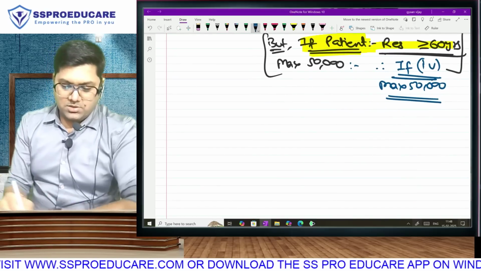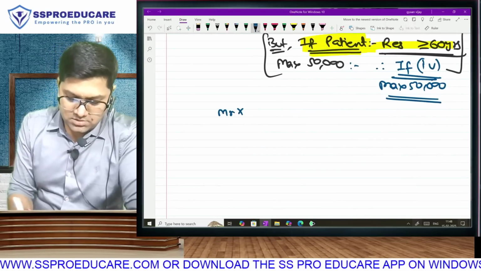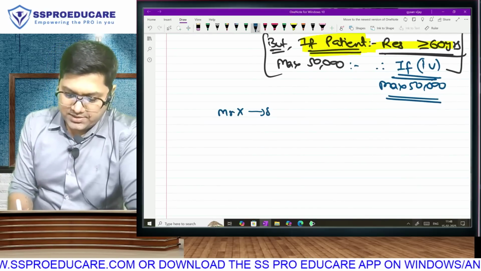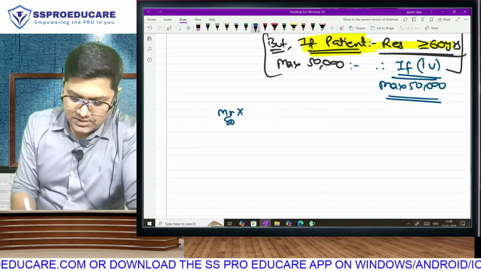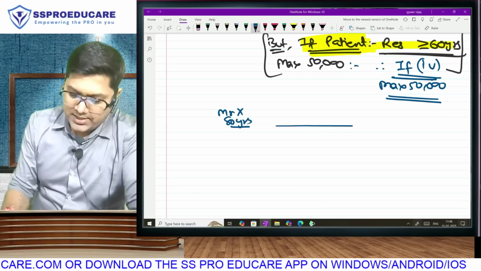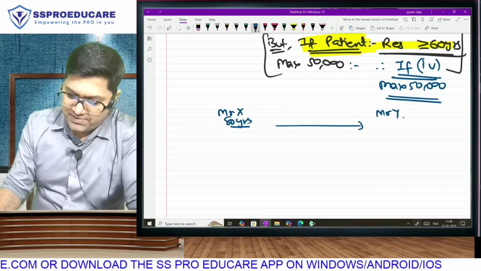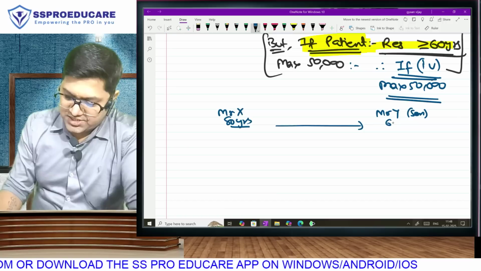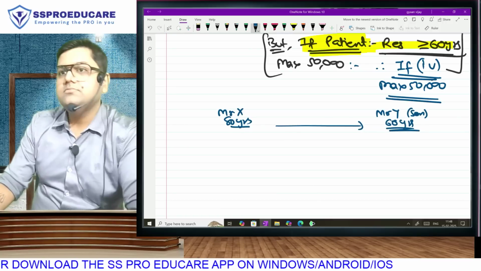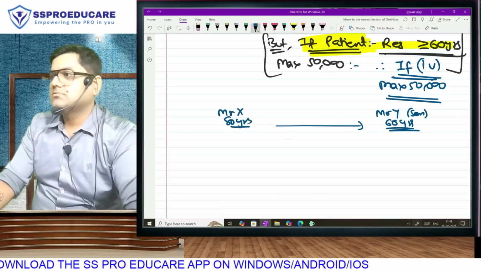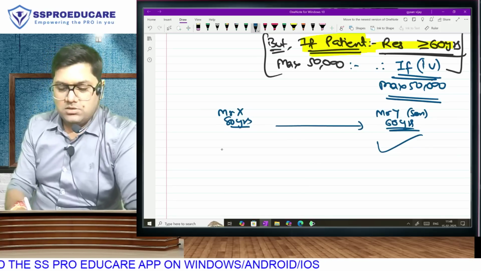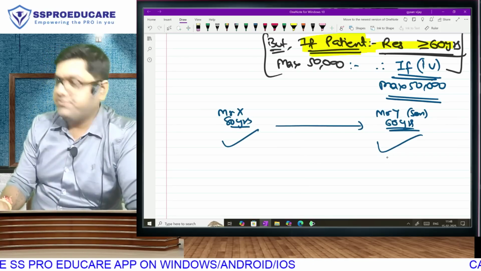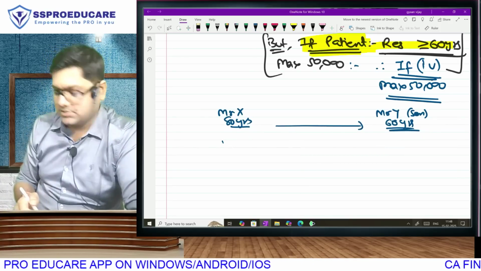Okay. Mr. X is 80 years. He has a son, Mr. Y, who is 60 years. Correct? If Y contributes for himself 50,000 and parent 50,000, 80 years, hai na? Both are senior citizens.